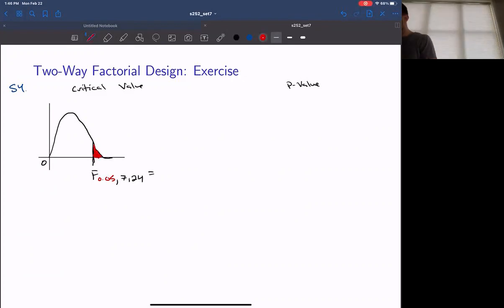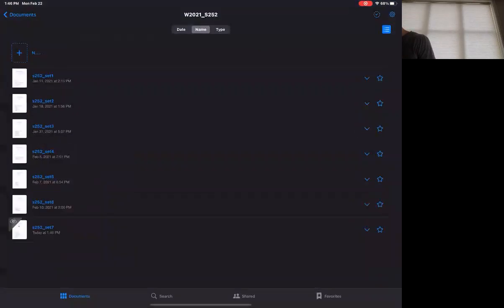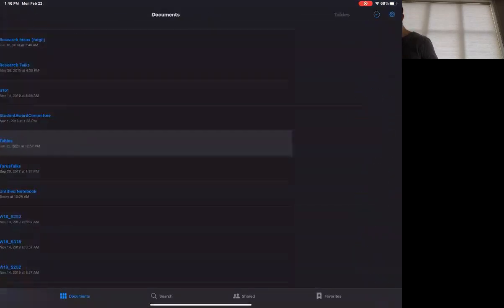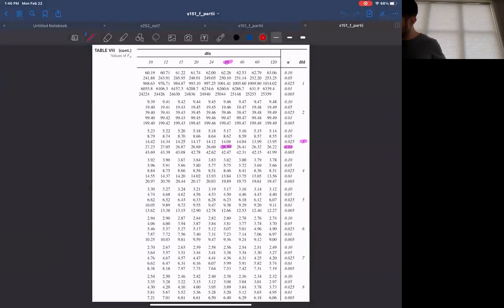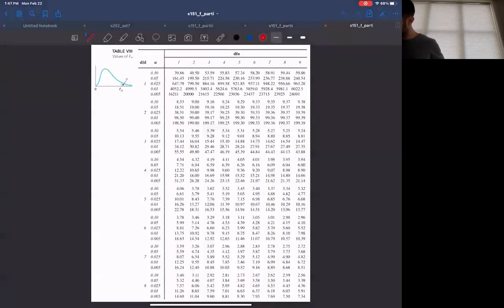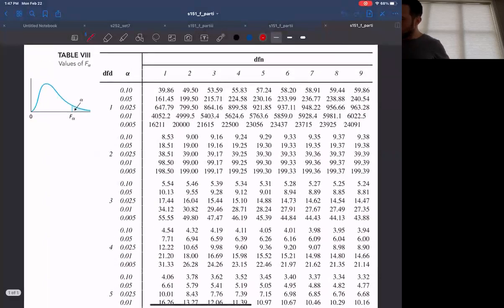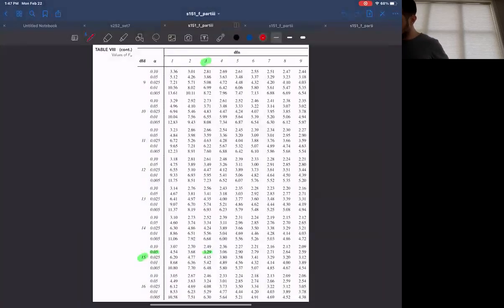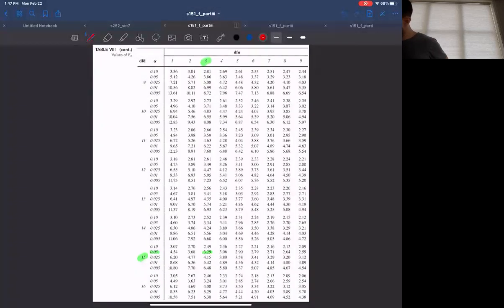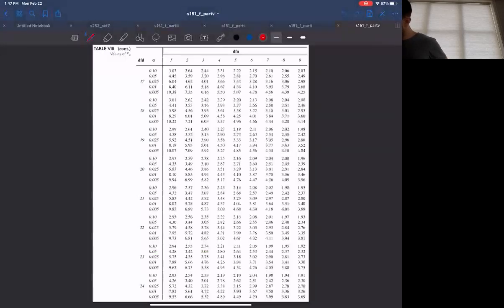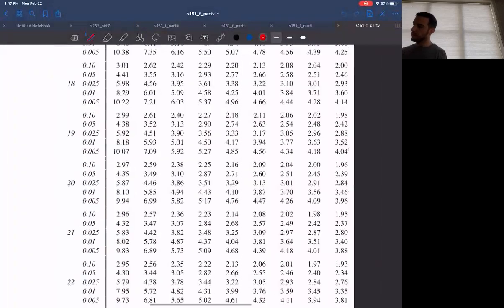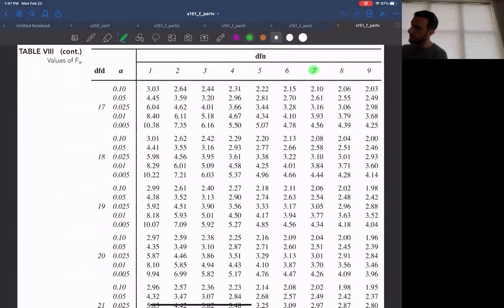Okay, so we have to pull out our F table now. Okay, so we're looking for a degree of freedom on 7 and 24. Our first degree of freedom is 7.